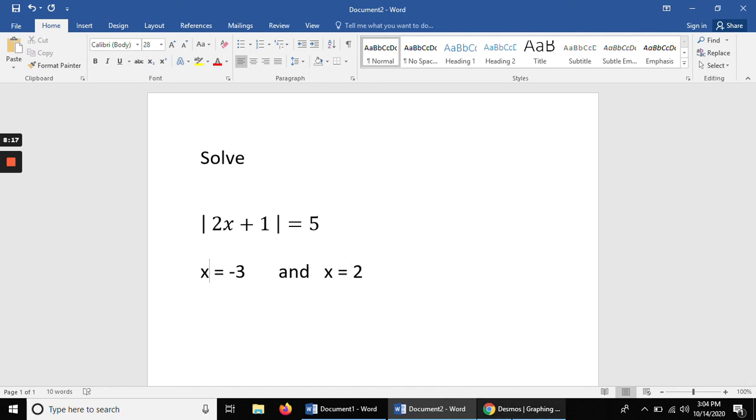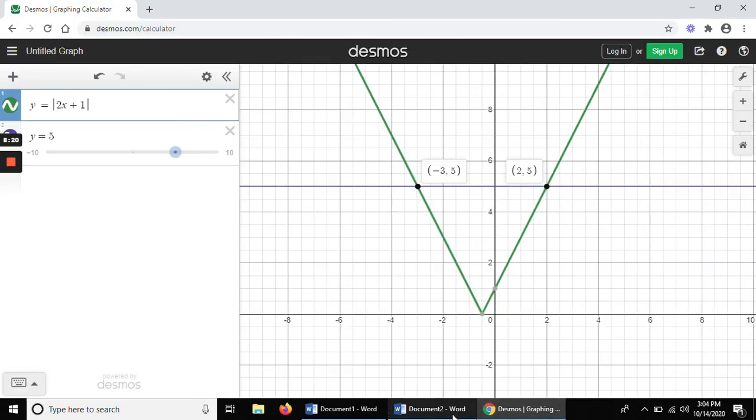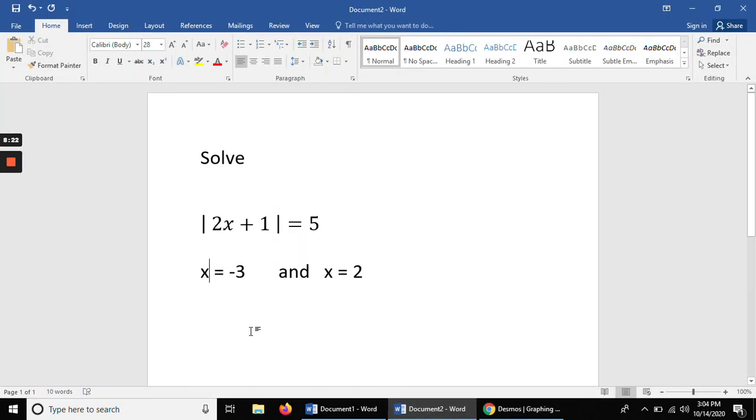Let me check my graph again. Okay. X is equal to -3 and x is equal to 2.